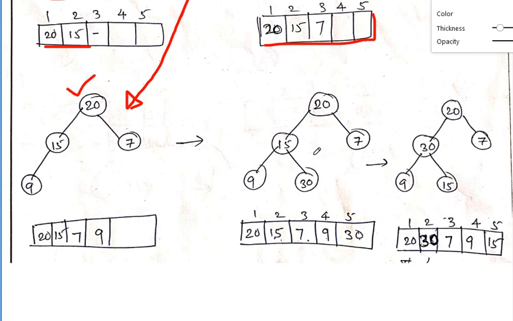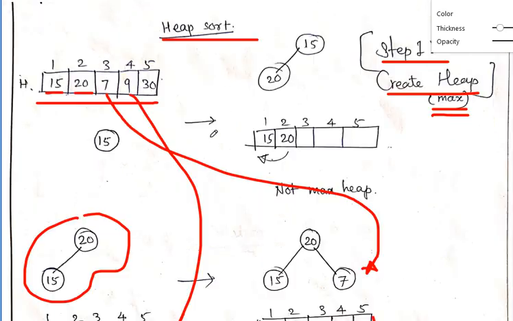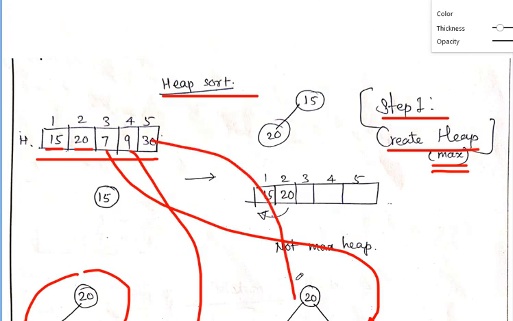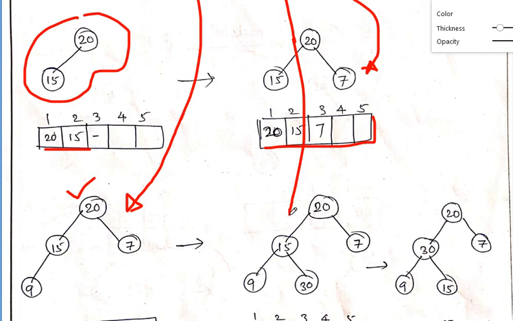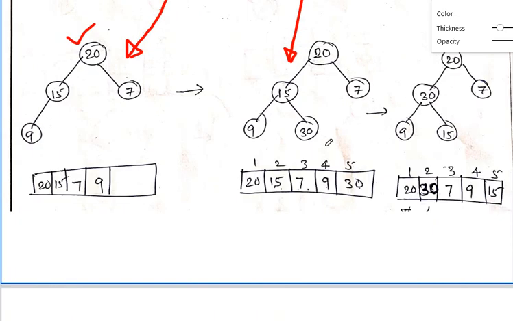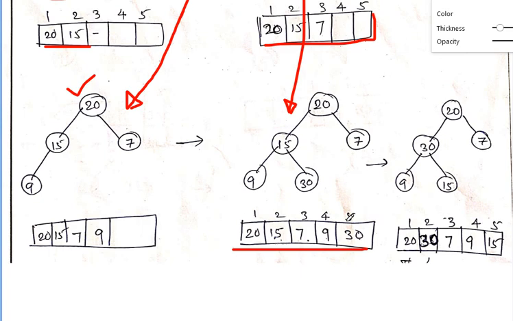After this insertion of 7 and 9, let's insert 30, the last element. So 30 will be inserted here, because once this left side is filled, only then can we proceed to the left of 7 and then the right of 7. After this we can find that 30 is greater than 20, the root, so it has to be swapped because of the condition.